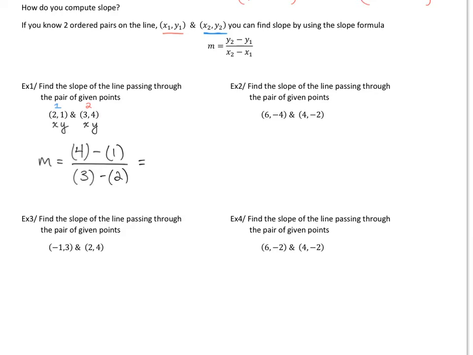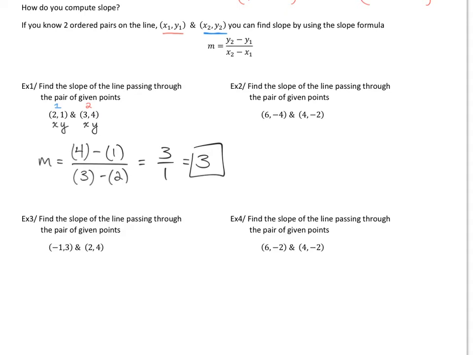So 4 minus 1 in the numerator gives me 3, and 3 minus 2 in the denominator gives me 1. A little later on, it's going to make a ton of sense to leave this as a fraction, but if you are only trying to compute a slope, you will want to simplify that to 3.